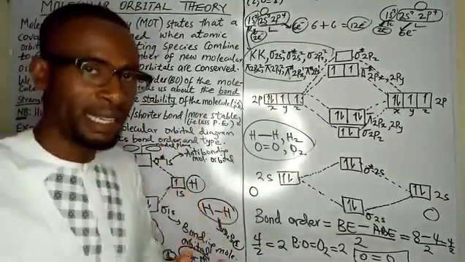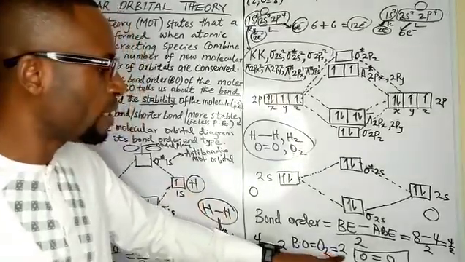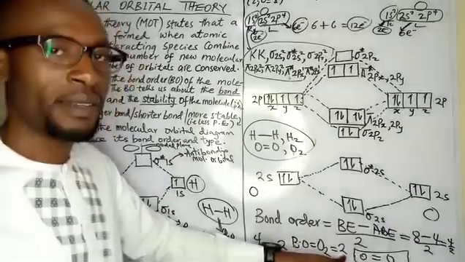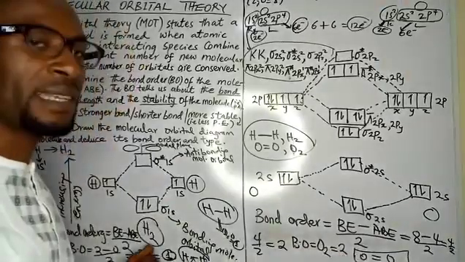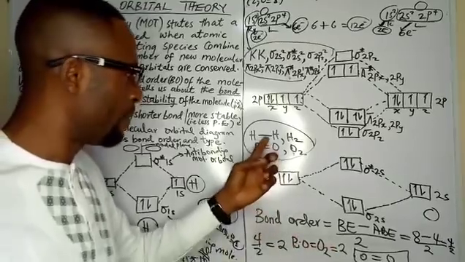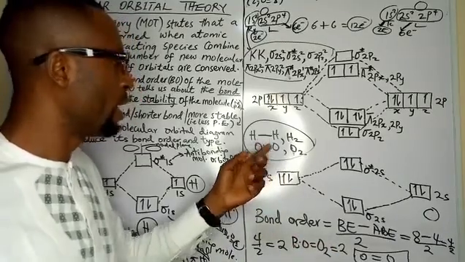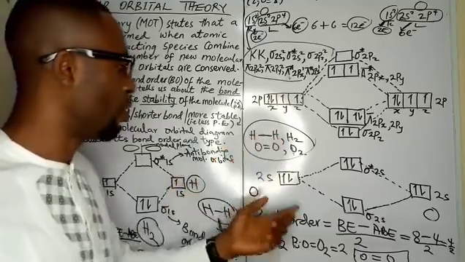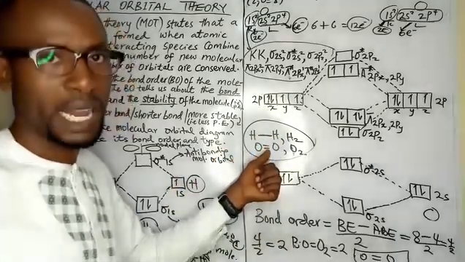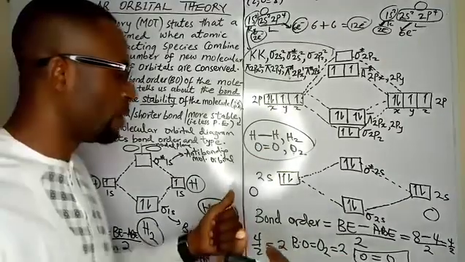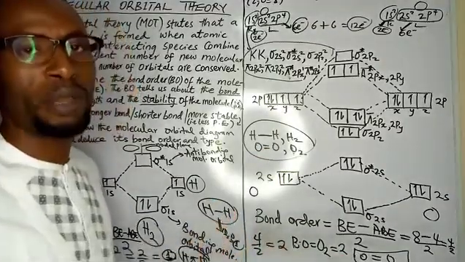If that is said, that means that oxygen gas has a higher bond order than hydrogen gas. And in that case, the single covalent bond in hydrogen gas is longer than the double covalent bond in oxygen gas.